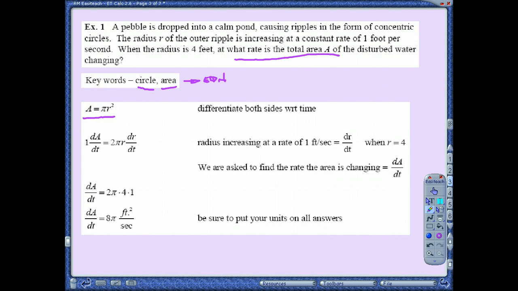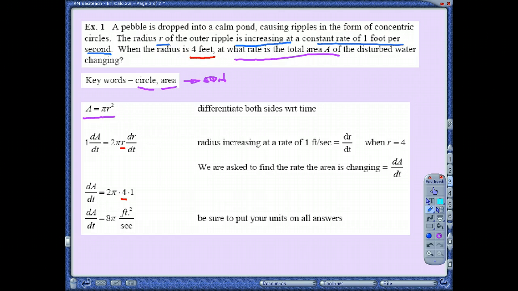When we look up there, we notice that we want to know what's going on when the radius is 4 feet. Notice this is not a change in time, so it's going in for the r. When we look at the other values, you've got radius is increasing at a constant rate of 1 foot per second.